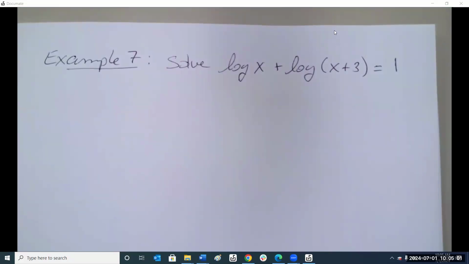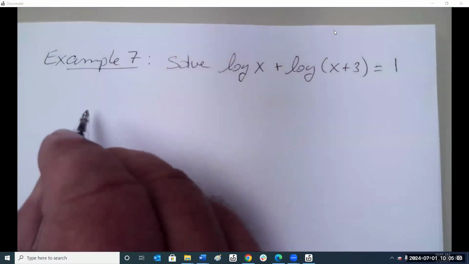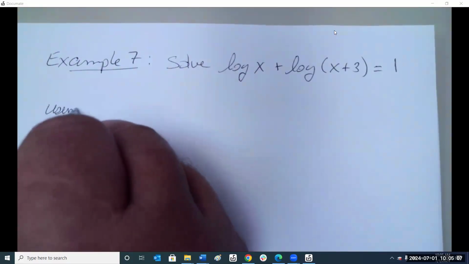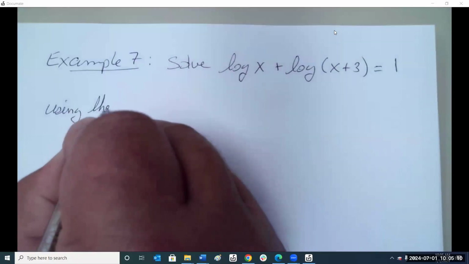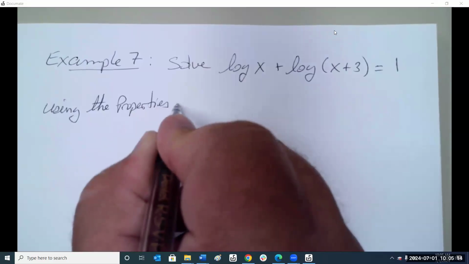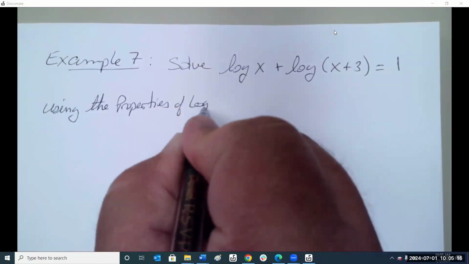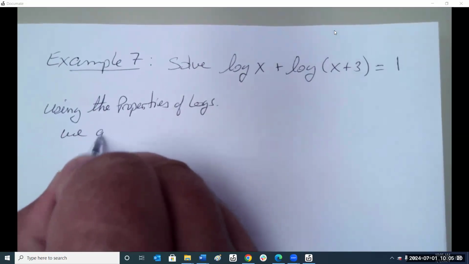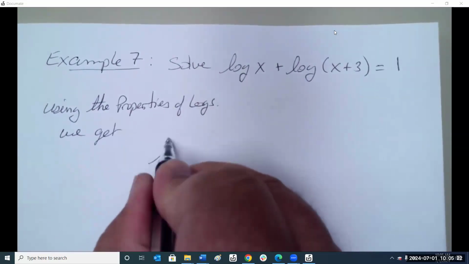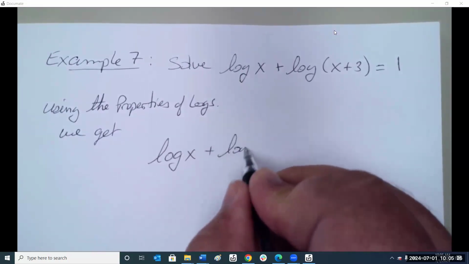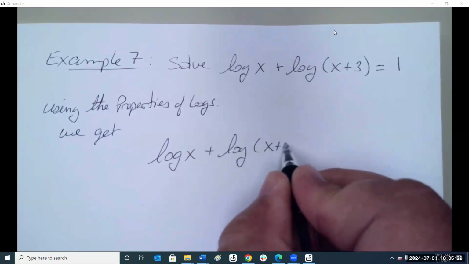So using the properties of logs, we get log of x plus log of x plus 3.